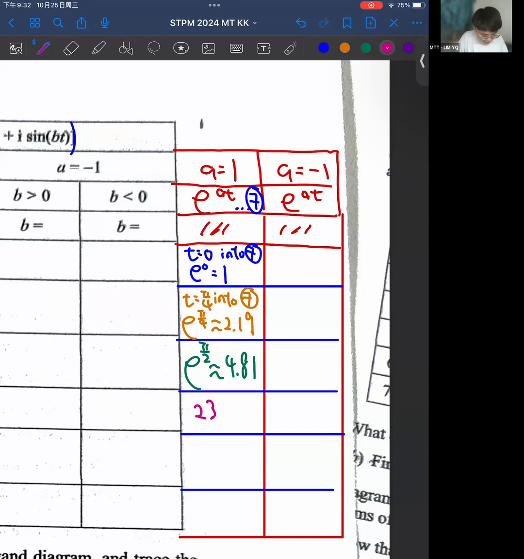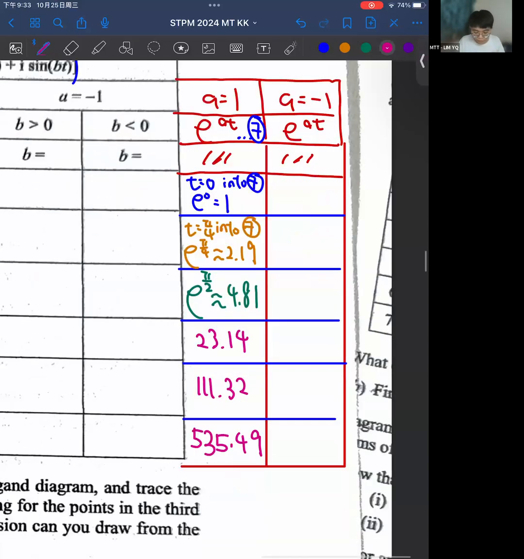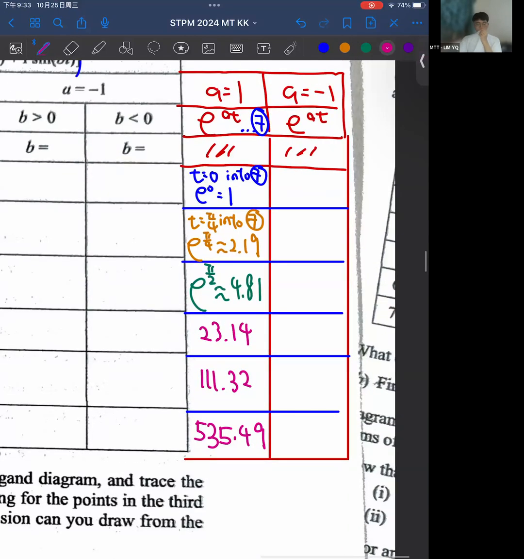You try to verify it by your calculator, correct? 111.32, 535.49. You see, the value keeps increasing very fast. Take note of the value. Write it down first, later you try to find by yourself.